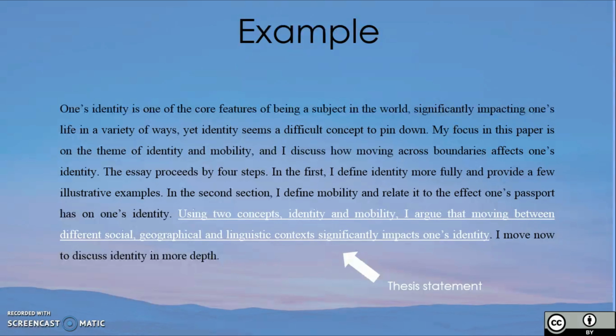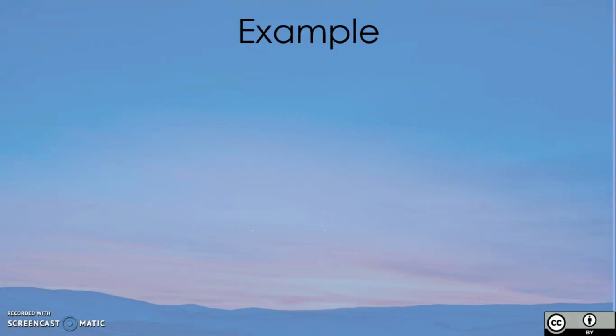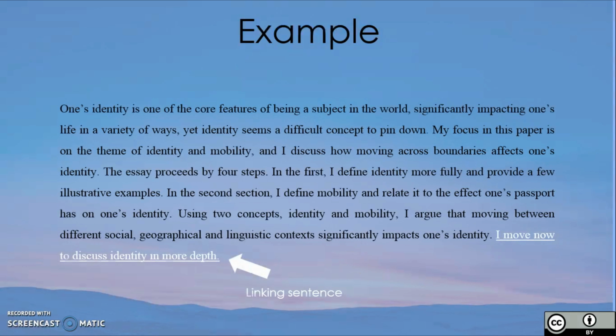That is the claim I'm arguing for, namely that moving between different social, geographical, and linguistic contexts significantly impacts one's identity. And then finally, I have a linking sentence. "I move now to discuss identity in more depth." So the linking sentence here is linking my introduction to my first section where I discuss identity.